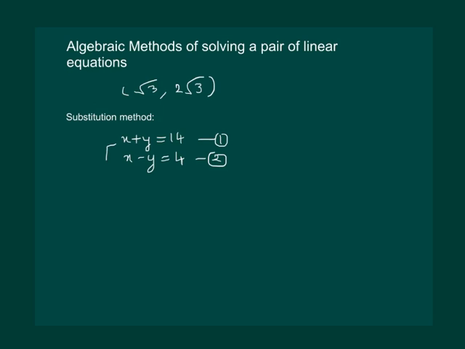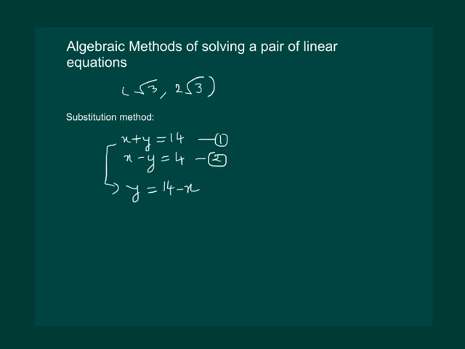From the first equation we get y equal to 14 minus x. Next we substitute this value of y in the second equation and reduce it to an equation in one variable. Let's see how. Now instead of y in the second equation we will write 14 minus x.